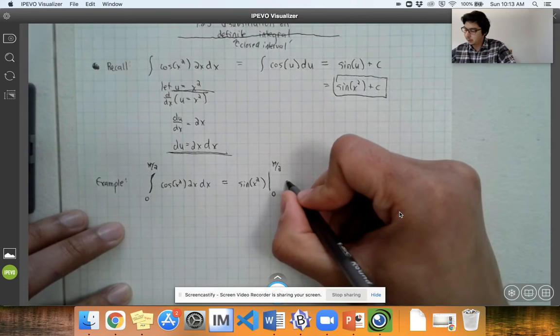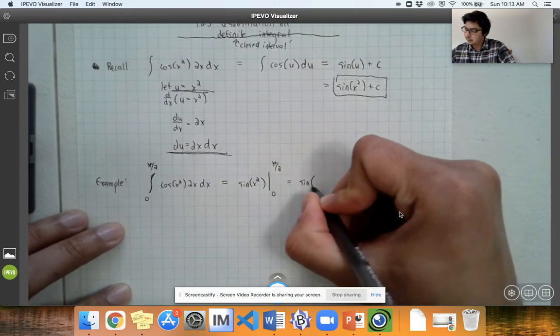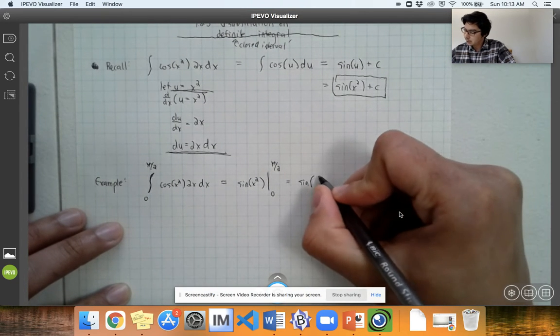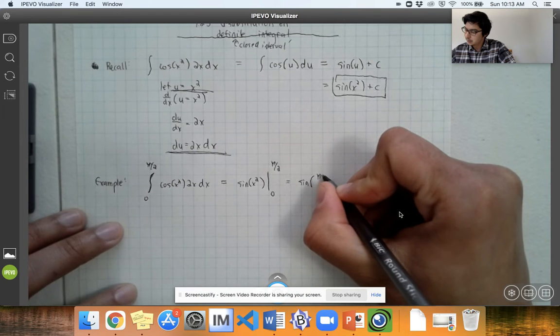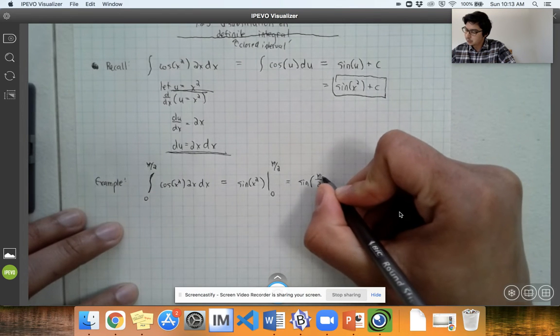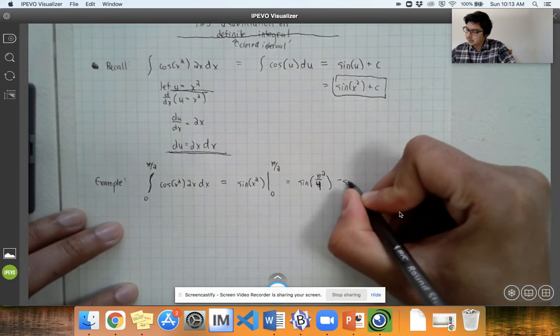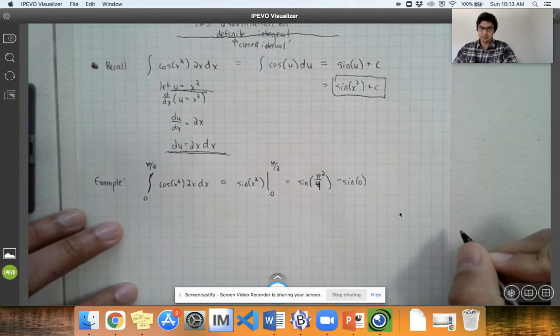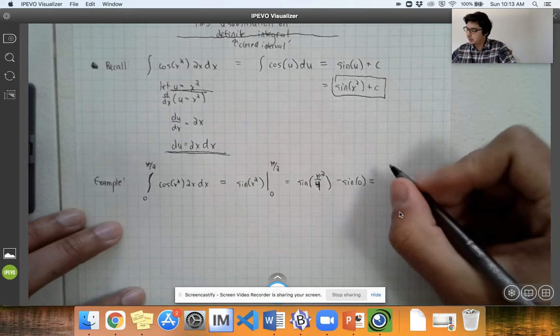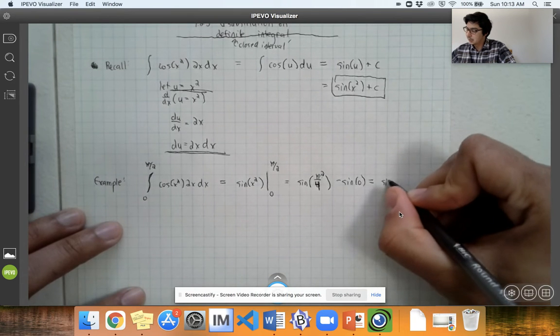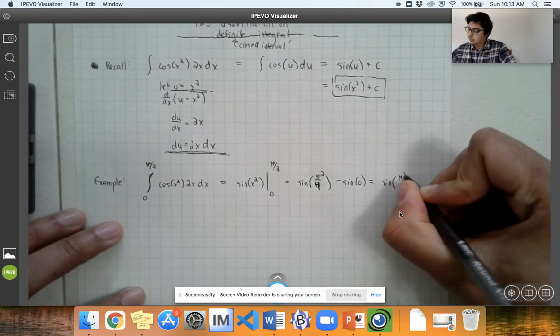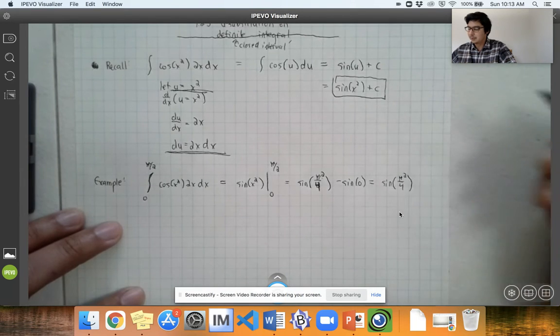If I do the work really quick, it's going to be sine of pi halves squared, so that would be sine of pi squared over 4, minus the sine of 0, which is going to give me the sine of pi squared over 4, which I don't know what that is.